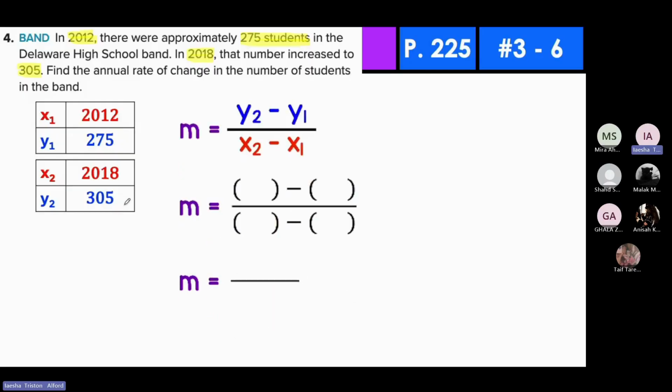Part 2, write the formula. Y2, 305. Y1, 275. X2, 2018. X1, 2012. Subtract the top, you get positive 30. Subtract the bottom, you get positive 6.